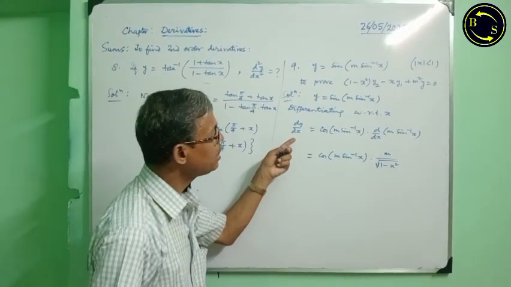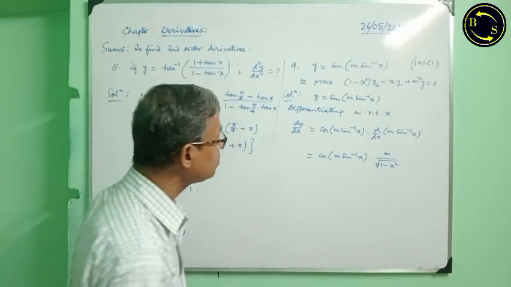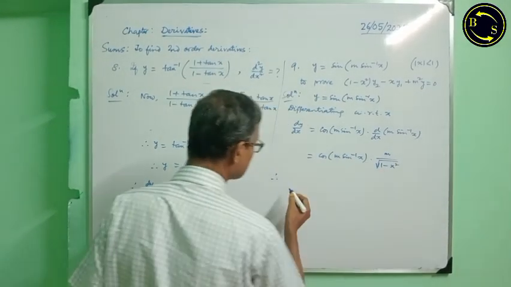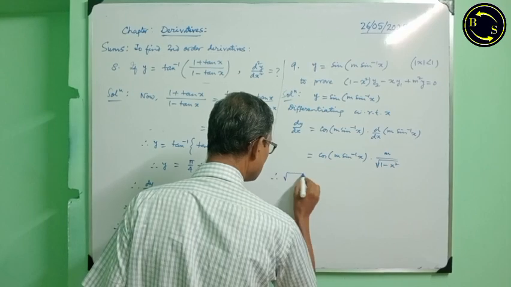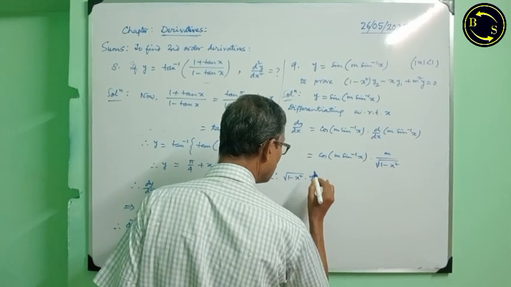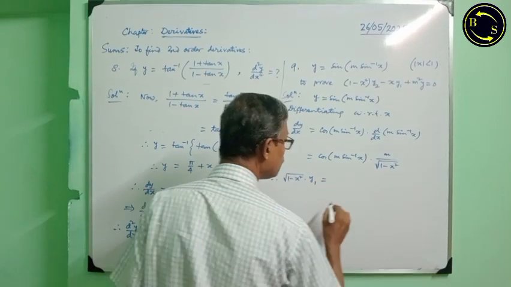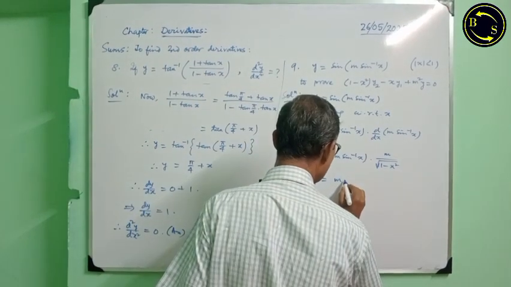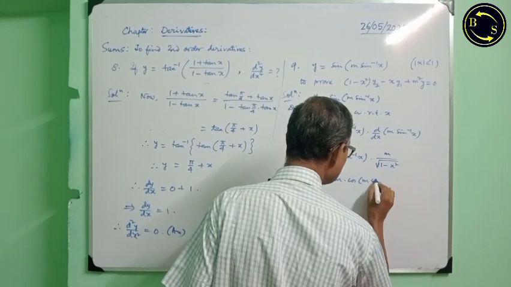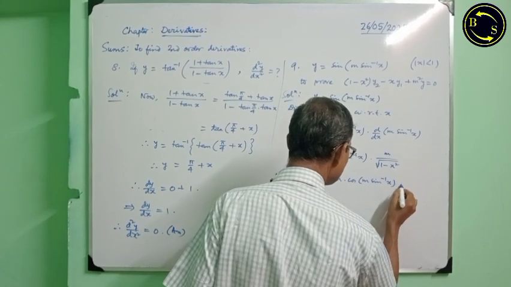Now dy/dx is represented by y1, so taking this to the left, root over (1 minus x square) into y1 equals m cos of m sin inverse x.